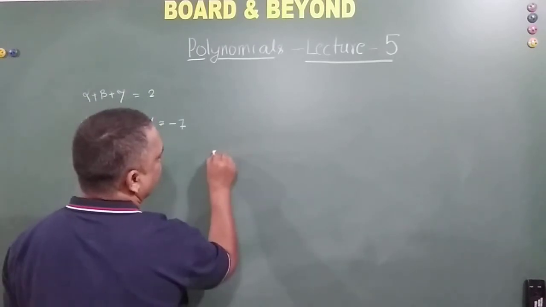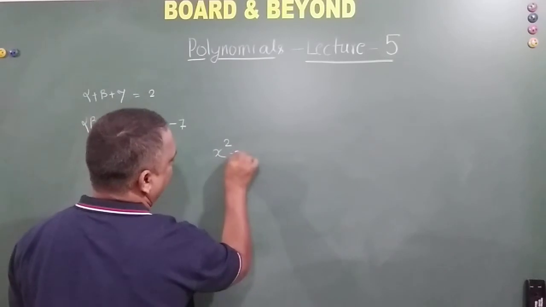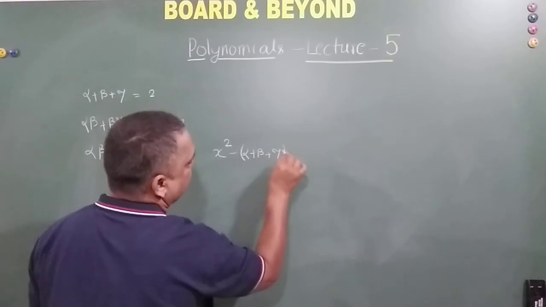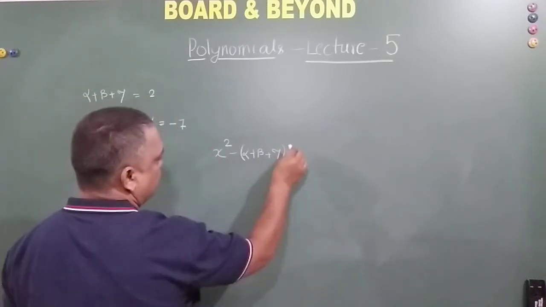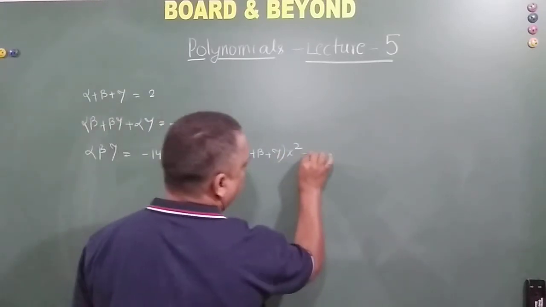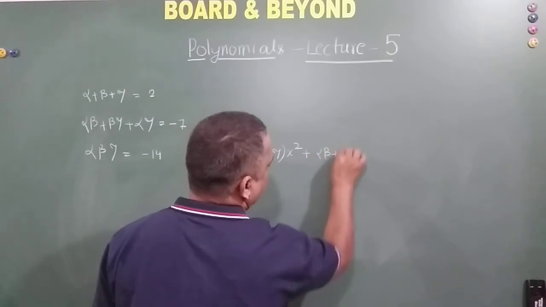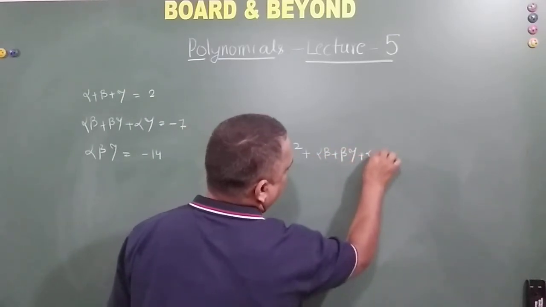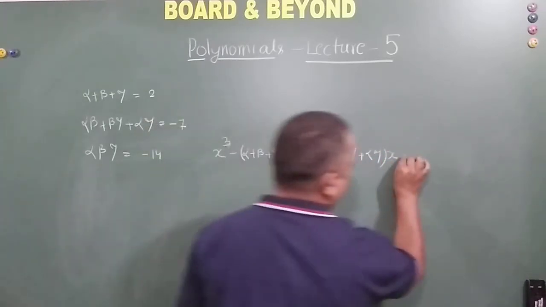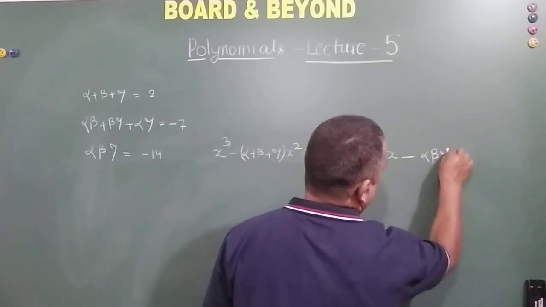So the standard form of the cubic polynomial is x cube minus alpha plus beta plus gamma into x square plus alpha beta plus beta gamma plus alpha gamma into x minus alpha beta gamma.